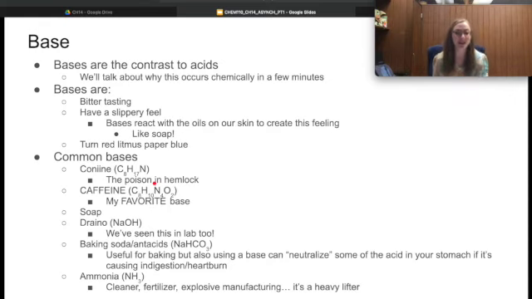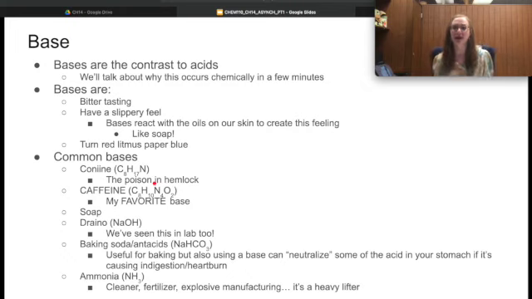But there are bases that we can eat and drink, like my favorite base and one of my favorite chemical molecules, caffeine. I can't get through the day without my bitter tasting caffeine. So caffeine is another base that you may have experienced in your everyday life.